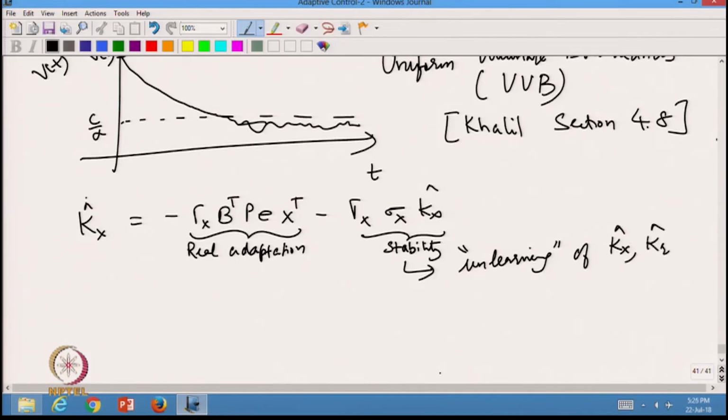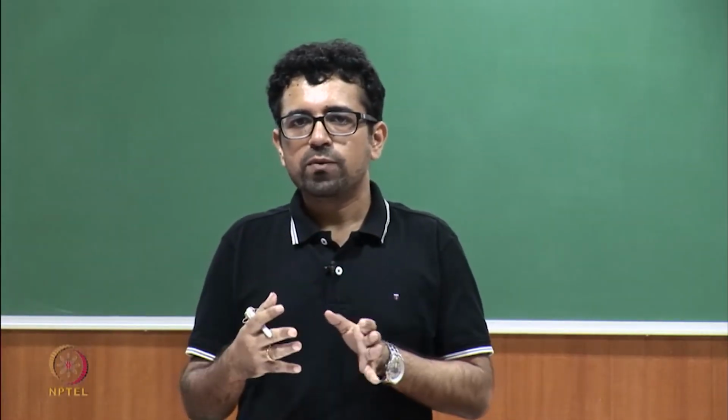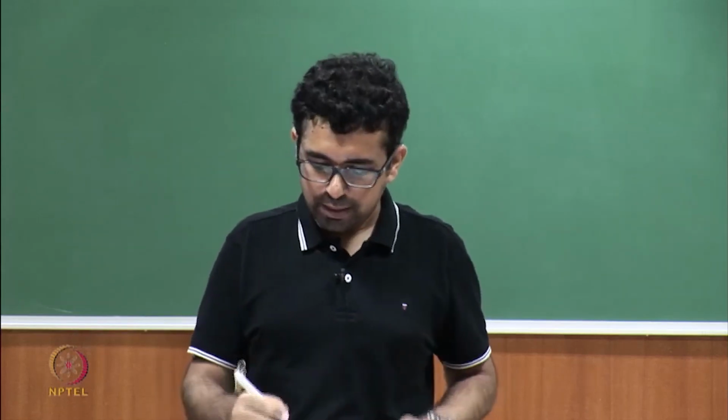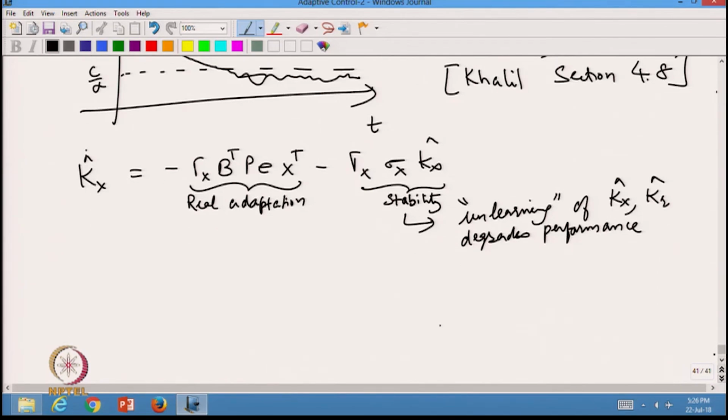That degrades performance. As I said, if you bring in robustness, your performance will degrade. There is always a trade off between robustness and performance, and this clearly shows that the performance might degrade, although we have been able to show that this is robust to external disturbances.